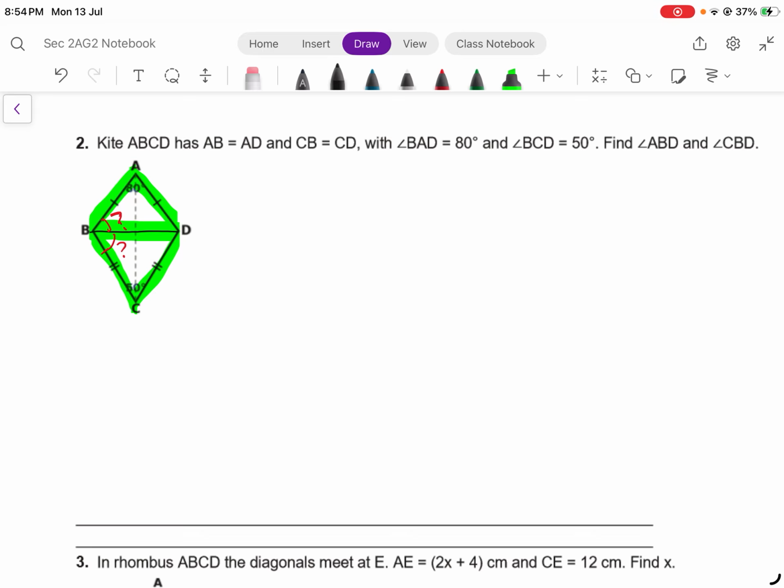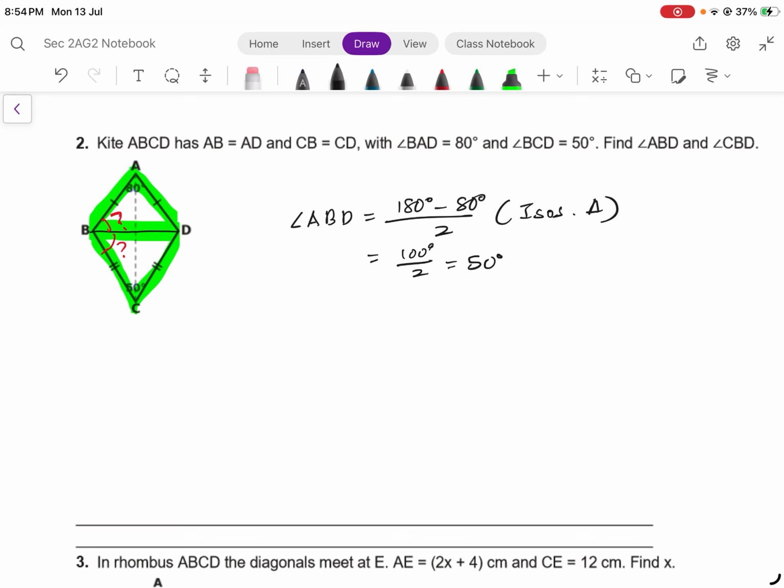Okay, very simple because they are isosceles. Angle ABD equals 180 degrees minus 80, then divide by 2, because this is an isosceles triangle. So from here you get 100 degrees divided by 2 equals 50 degrees.